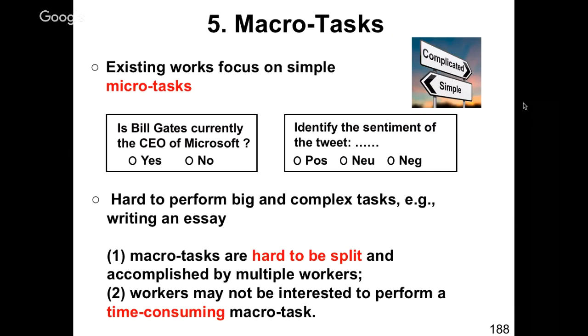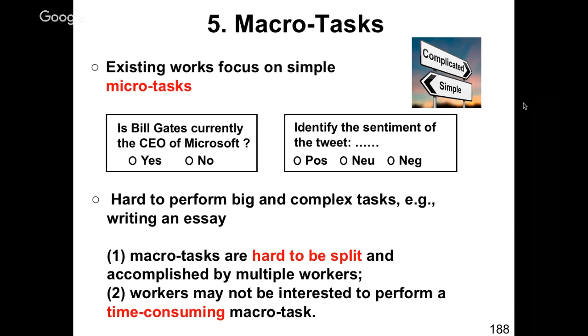And the fifth point is that most of the work we talked about so far in this tutorial is about very simple tasks, like micro tasks: yes or no questions, multiple choice questions, sentiment analysis. But there is not much done in terms of macro tasks, which are much more complex.